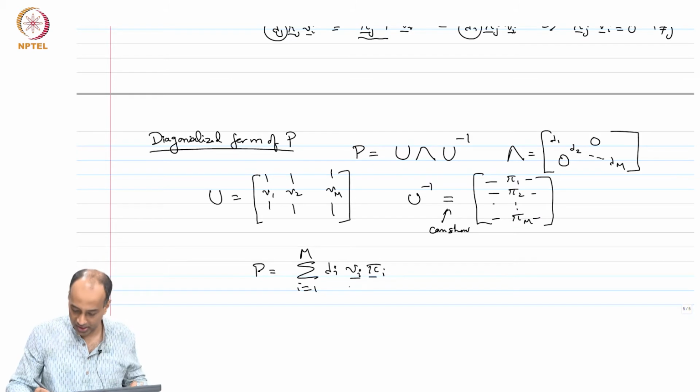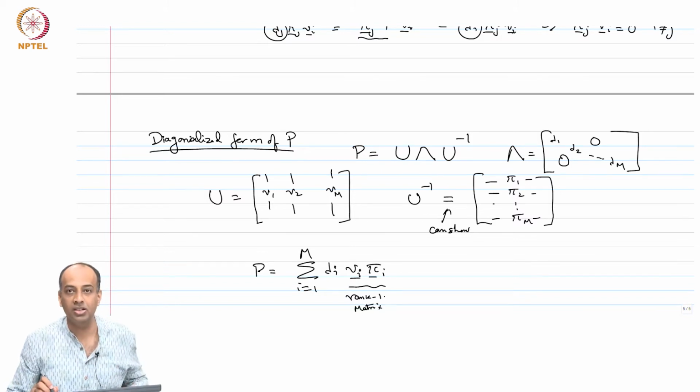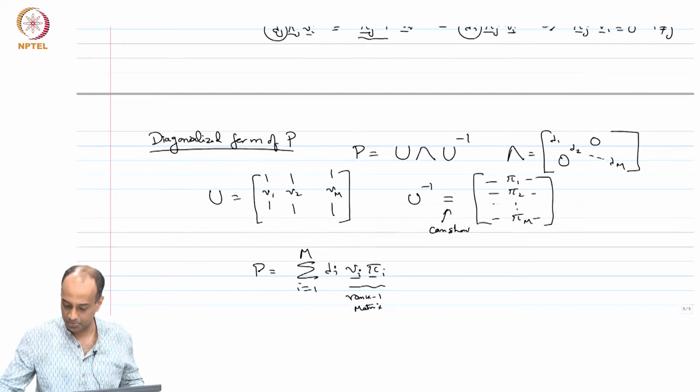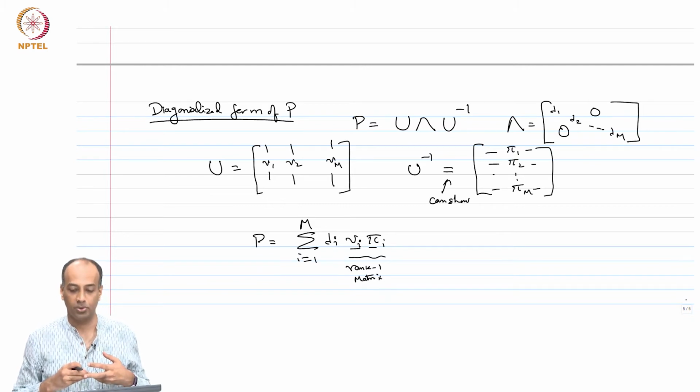So, nu I pi I is a rank 1 matrix. Okay. This is nothing but the spectral decomposition of the matrix P, or you can just look at it as a rewriting of the equation P equal to U lambda U inverse. Okay.